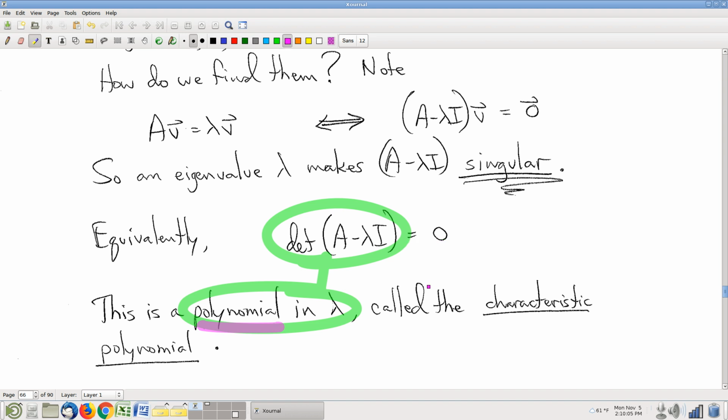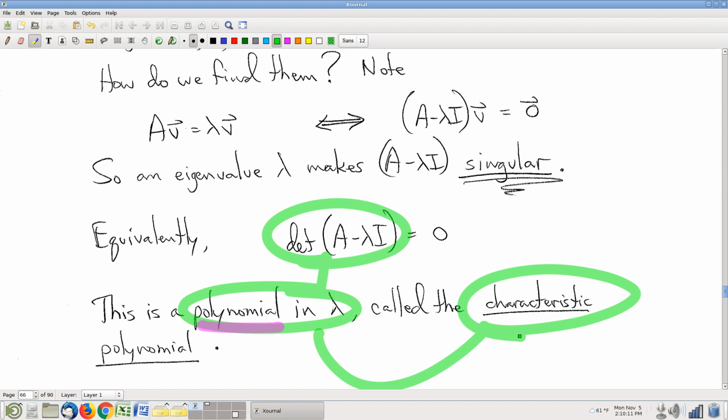Okay, a little bit of terminology, FYI. This polynomial is called the characteristic polynomial. That's just, again, a little bit more lingo. You might recognize that term, characteristic polynomial. We've used that term before. There was a special polynomial that we wrote down in studying differential equations. Basically, we had found a polynomial whose roots told us important things about the differential equations.